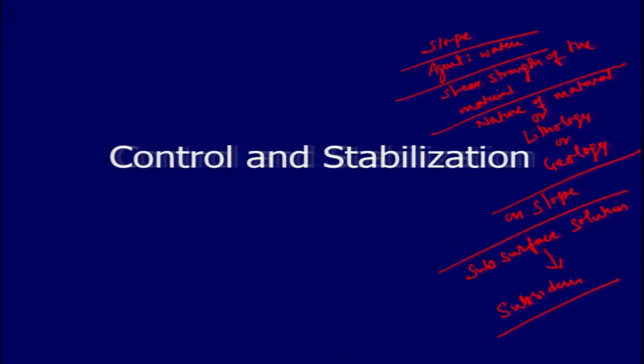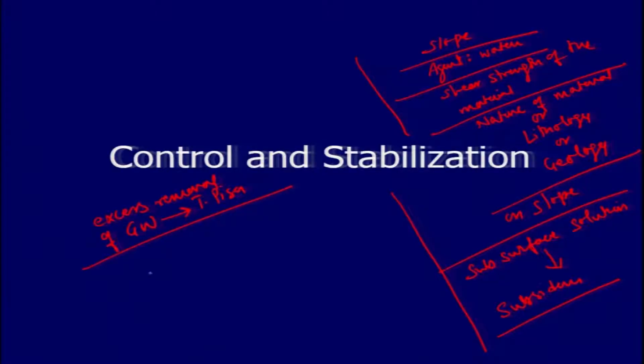Further, we also talked about how subsidence can be because of the excess removal of groundwater, and the big example we looked at was the Tower of Pisa. Now, this is very common even in the Indo-Gangetic plain, where there is withdrawal of groundwater.